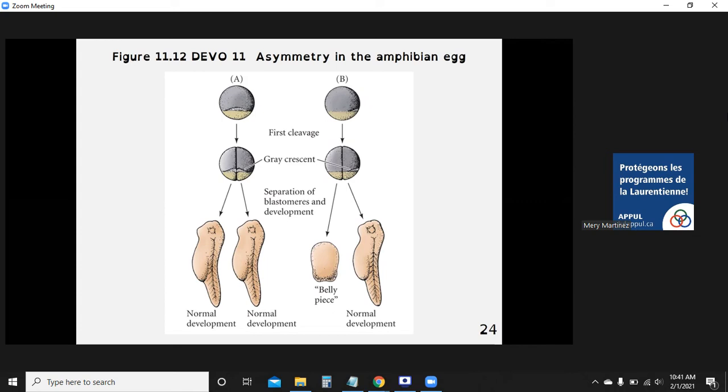So in 1918, Spemann showed that enormous changes in potency occur during gastrulation. The cells of the early gastrula were uncommitted, and the cells of the late gastrula were determined.